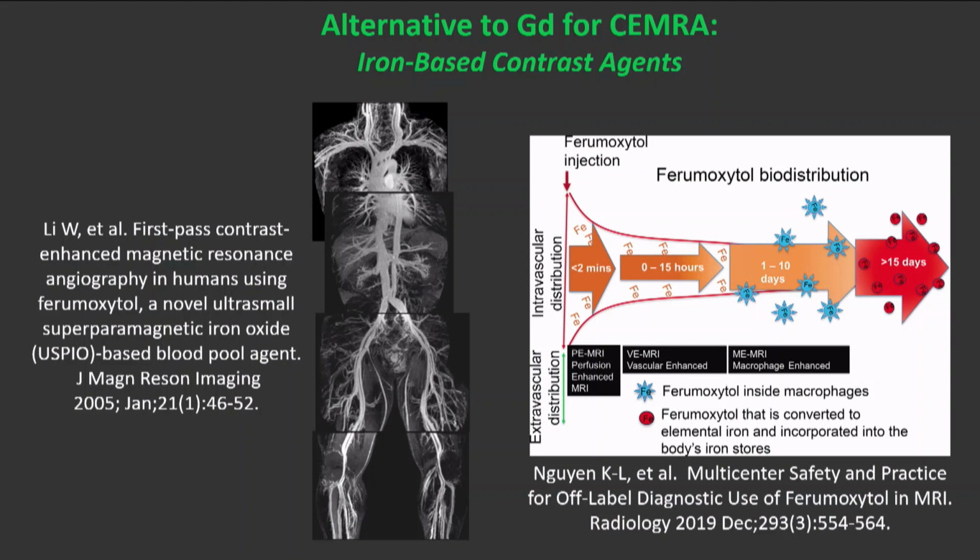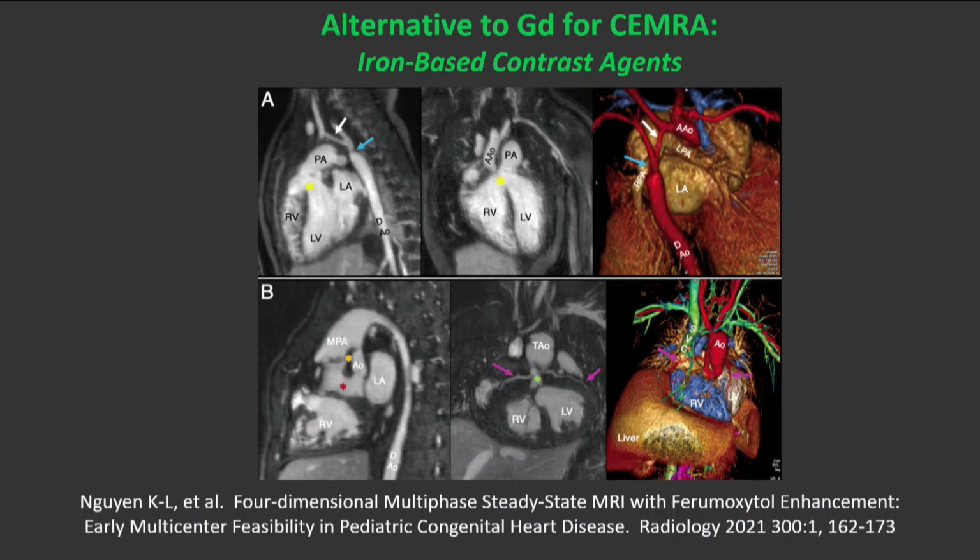And ferumoxytol, of course, stays in the blood pool for about 17 hours. And you can see these remarkable images in congenital heart disease, which is probably one of the biggest applications currently, but for venous disease and all sorts of things. And I'm looking forward to starting to use this much more in the future.